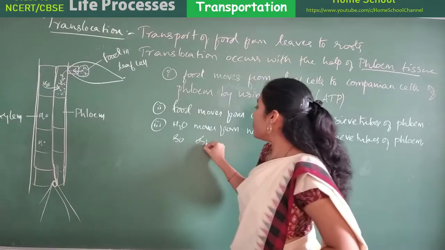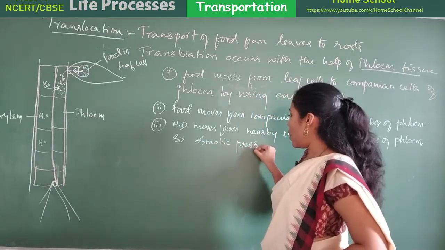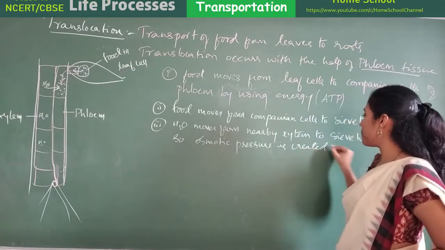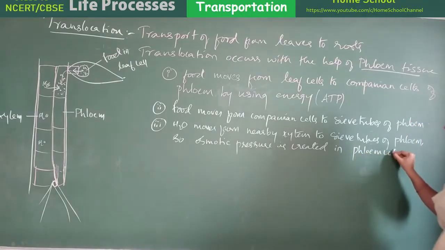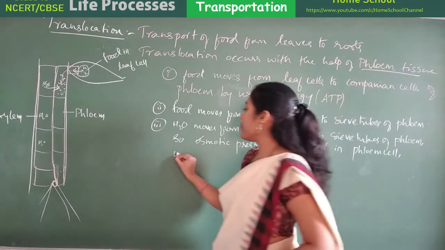So osmotic pressure is created in the phloem cell, that is, the sieve tube of the phloem.